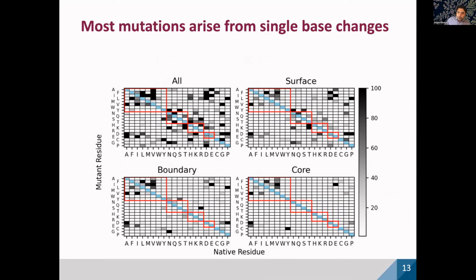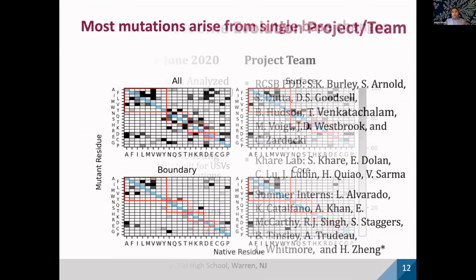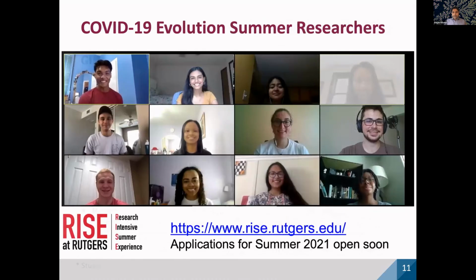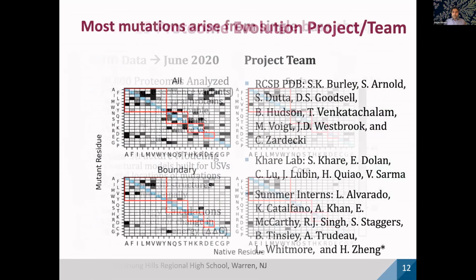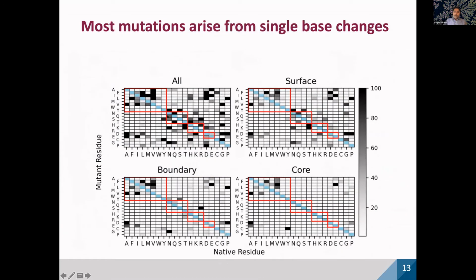So I'll just briefly summarize what we found. So the first thing that we found was that most mutations arise as a result of single base changes in the RNA. So here you will see substitution matrices where you have the native amino acid on the x-axis and the substituted or the mutant residue on the y-axis, and they're grouped according to their chemical type.